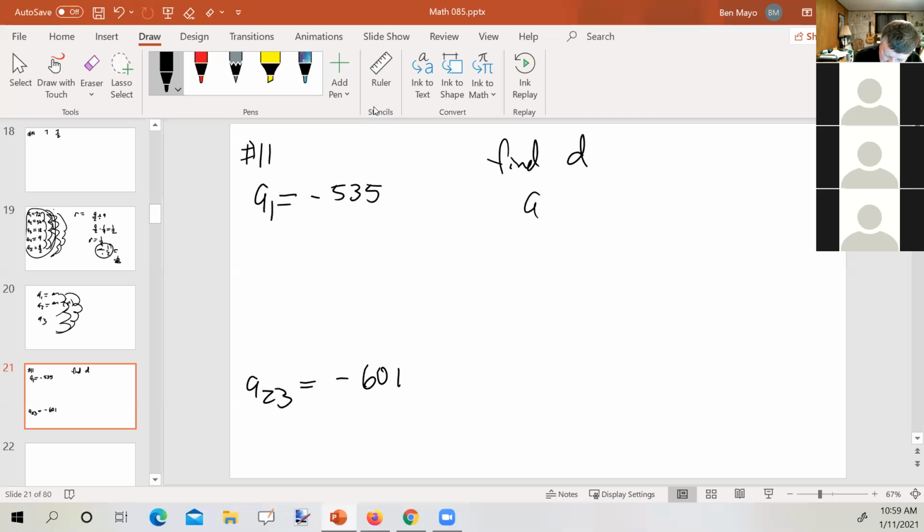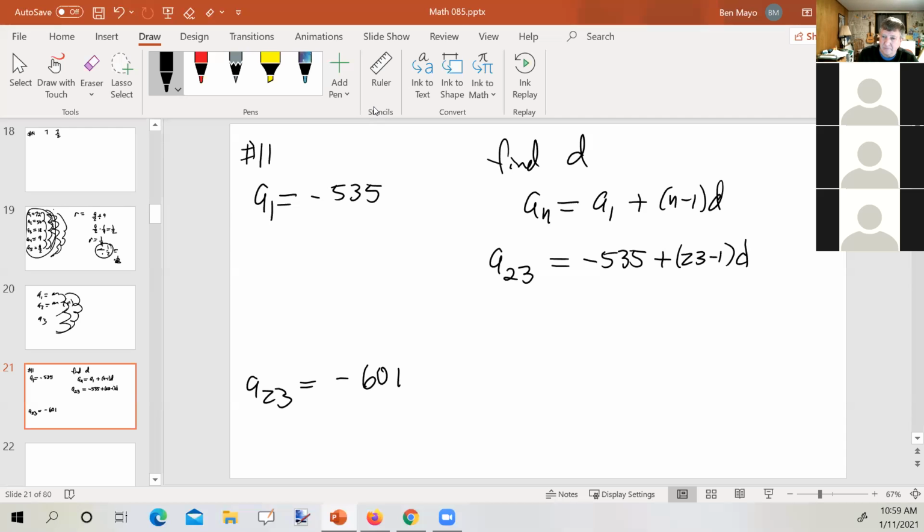So the formula we're going to use is A sub n is A sub 1 plus the quantity n minus 1 times D. Now, we know that A sub 23 equals A sub 1 plus 23 minus 1 times D, which means A sub 23 equals negative 535 plus 22 times D. But we also know that A sub 23 is negative 601.